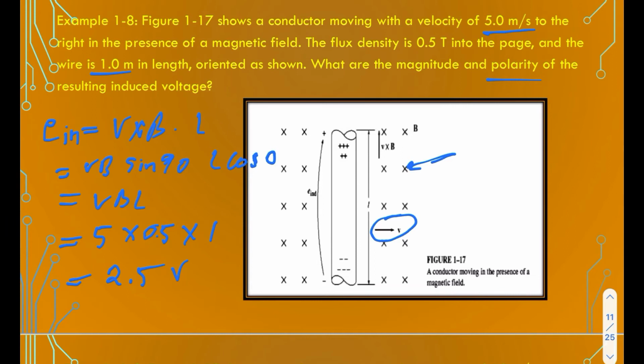Thus the induced voltage is 2.5 volt, positive at the top of the wire. We will use the same right hand rule to find the polarity, and it will be clear: positive at the top and negative at the bottom.